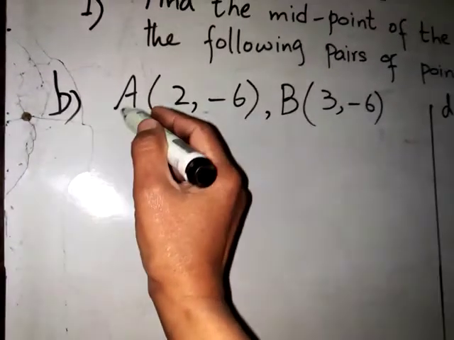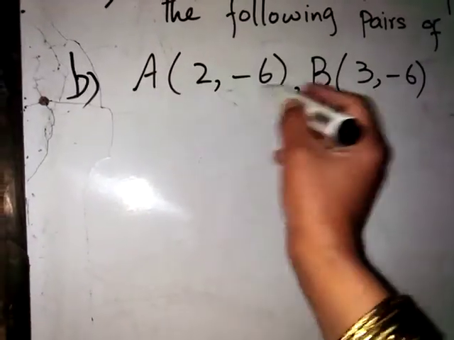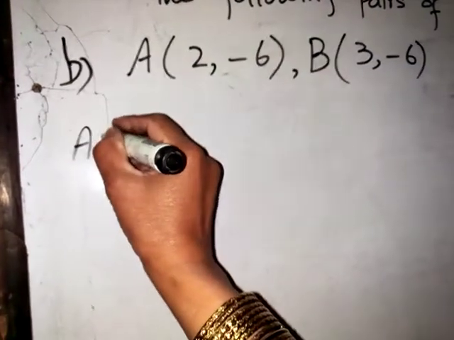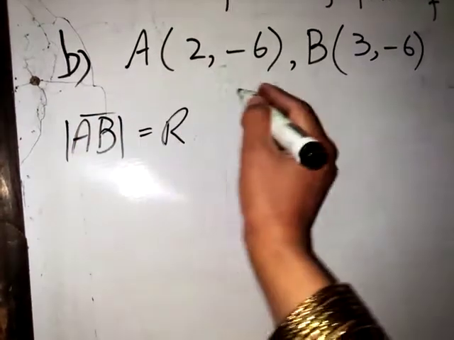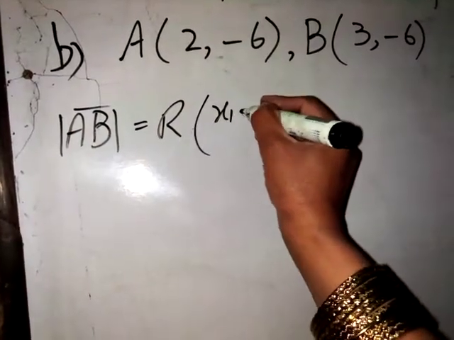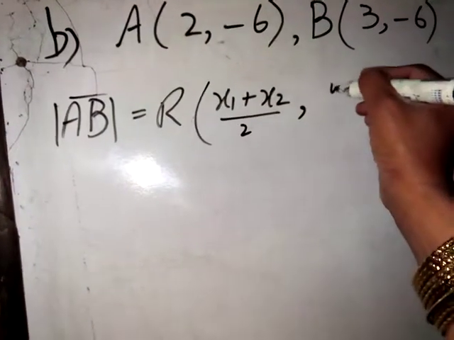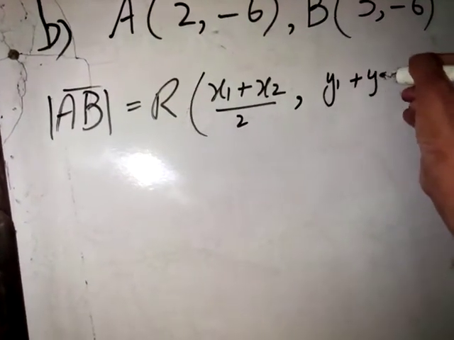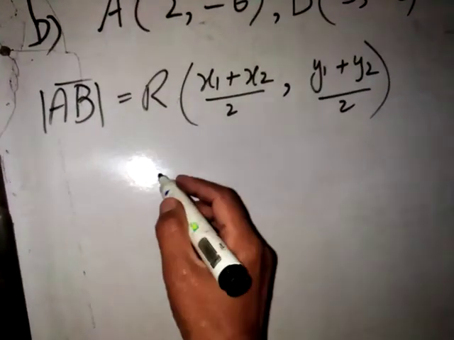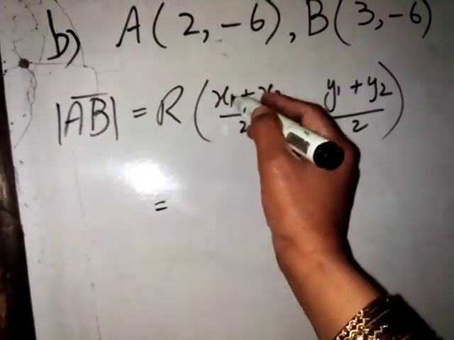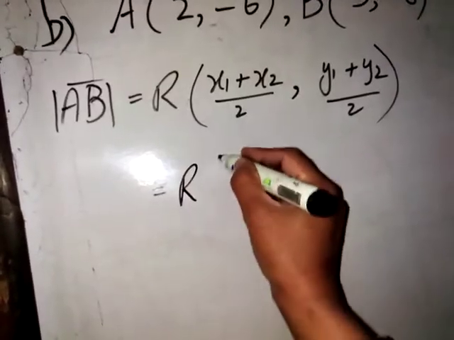So the midpoint formula for A and B: midpoint of AB is R equals ((x1 + x2) by 2, (y1 + y2) by 2). This is the formula, and we will put the values of x1, x2, y1 and y2 in this formula.